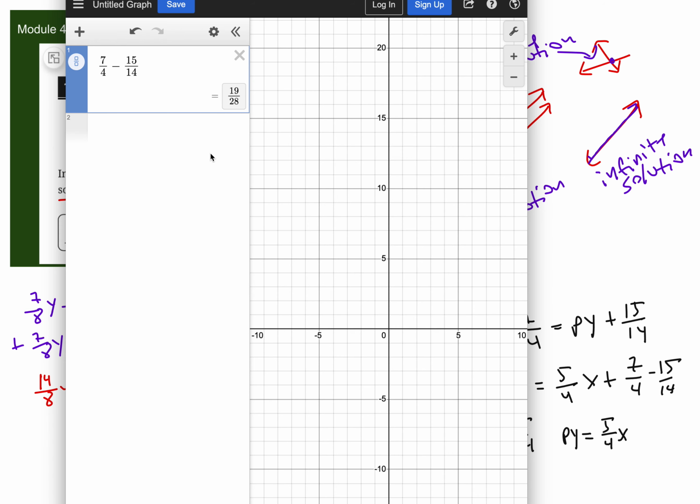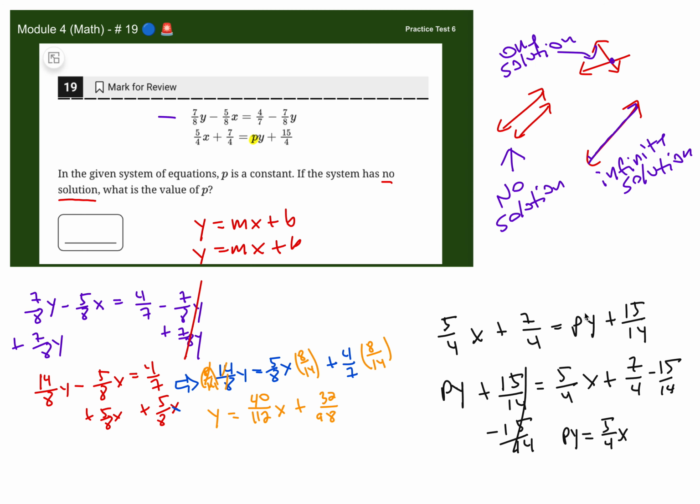Boom, click that fraction button. That's 19 over 28. So this is going to be positive 19 over 28. Now divide by p, or multiply both sides by 1 over p. If you divide by p, you put it downstairs there.